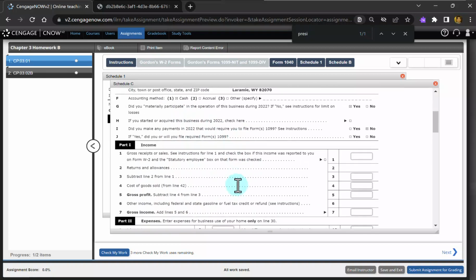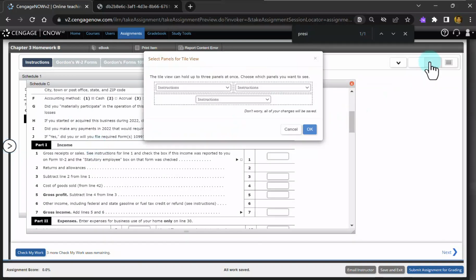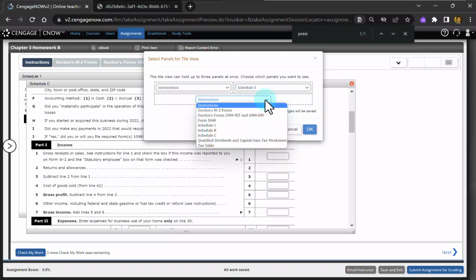Okay, so let's go ahead and fill in the amounts here by going back to the instructions. Let's see if I can bring up more than one item on the screen here. I'm going to collapse this list here and then show three different items on the screen at the same time. Let's show 1040, let's show Schedule 1, and then Schedule C in the bottom window here.